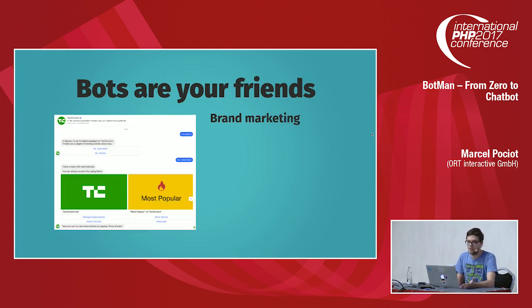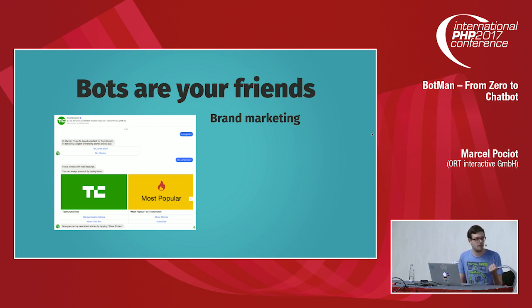And then chatbots are also great for marketing. This is from, I don't know if you're familiar with it, TechCrunch. It's quite a big technology website. What they do with Facebook Messenger is, you can write to their Facebook page, and then you can subscribe to RSS feeds, and then you receive those RSS feeds in Facebook Messenger.